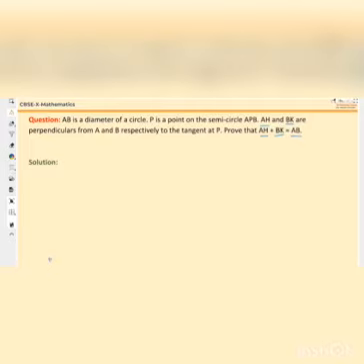By reading this question, you have to make the figure of it. So try to make the figure, and after that I will draw it for you. First of all, there will be a circle, of course. Try to read the question and draw the figure. It is said that AB is the diameter of a circle.